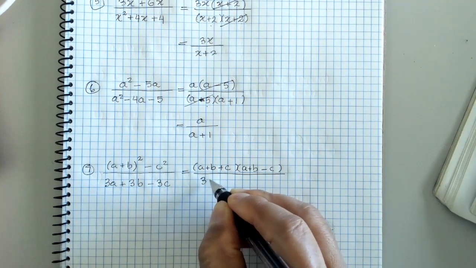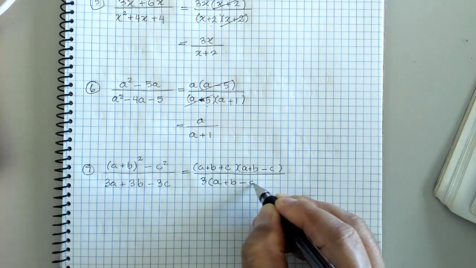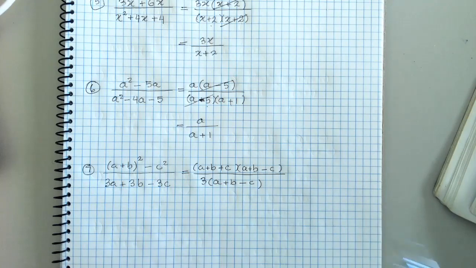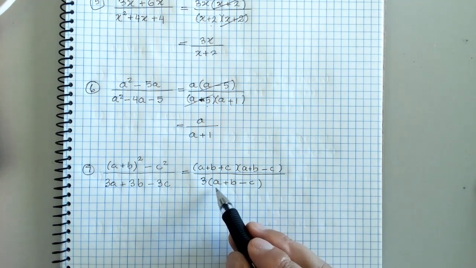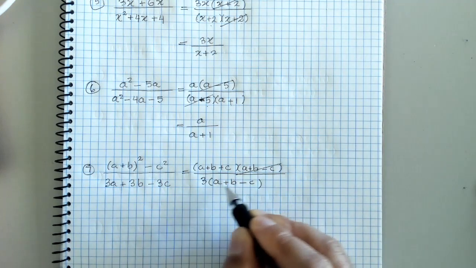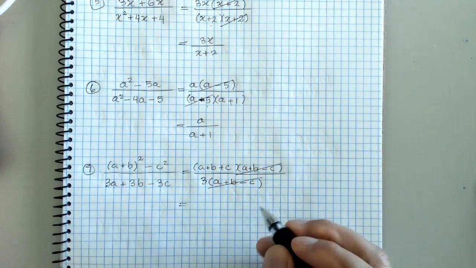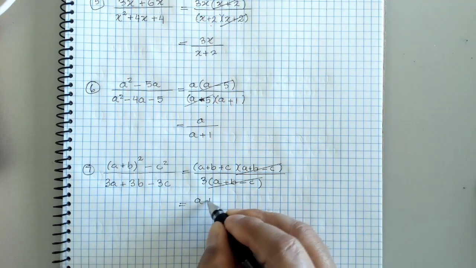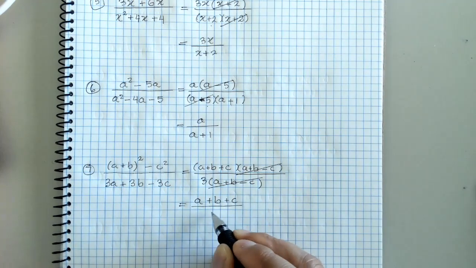So it's 3, and then you're going to have a plus b minus c. And that is great now, because you can see that we have a plus b minus c, and in here we have a plus b minus c, so we can cancel this big bracket and this one as well. So the final answer is a plus b plus c all divided by 3.